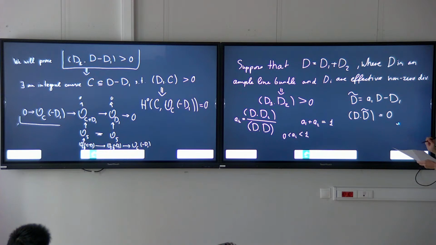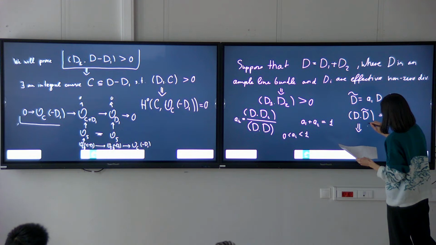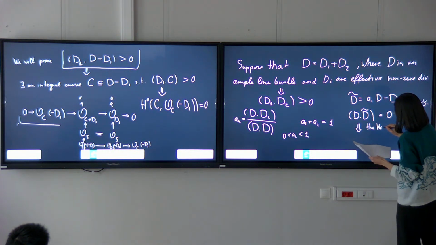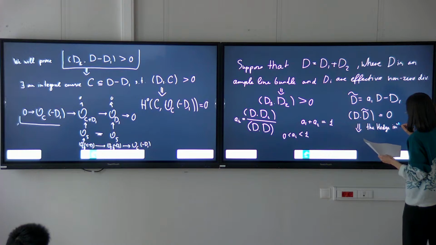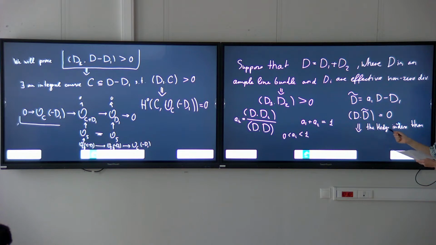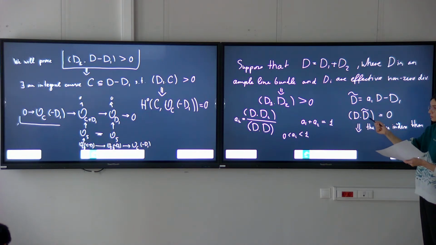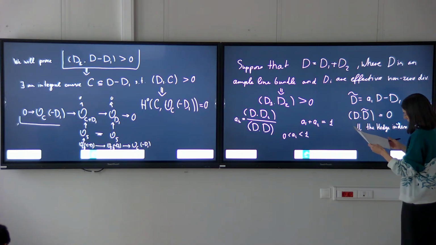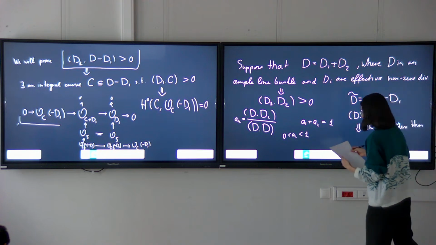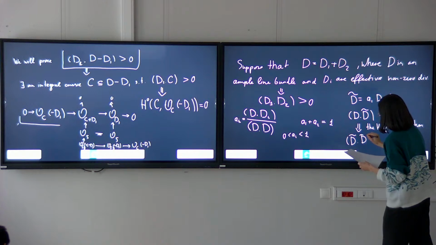We know that this is 0. So from the Hodge index theorem, that is about the signature of the intersection form, we can consider Q coefficients when we are talking about signature. So from the Hodge index theorem, we obtain that self-intersection of D tilde with itself is what?